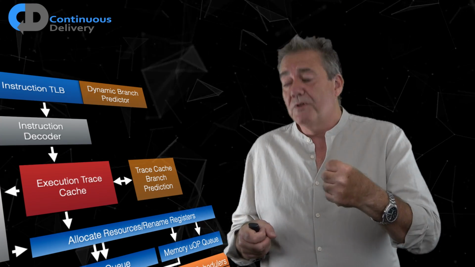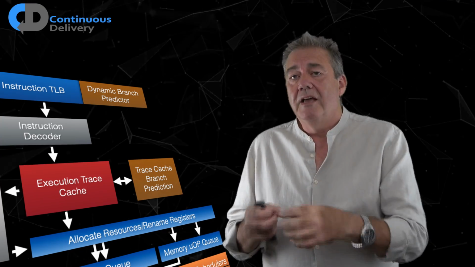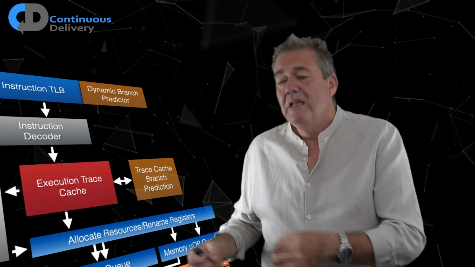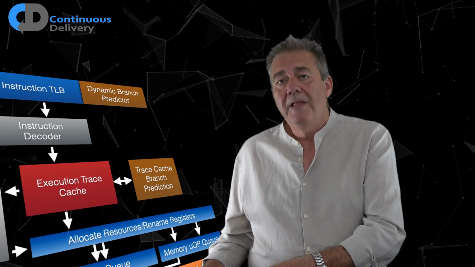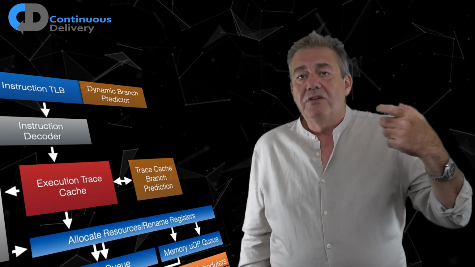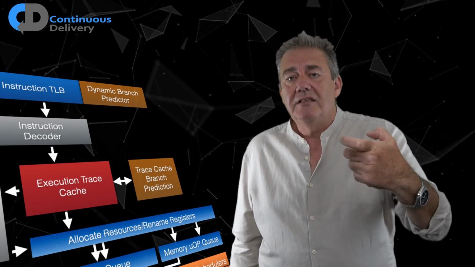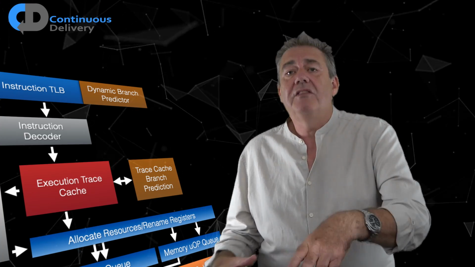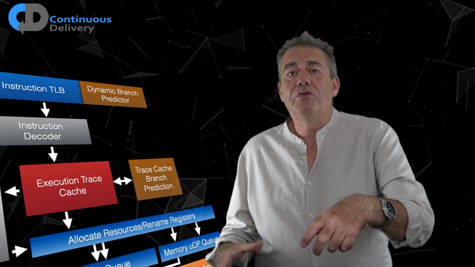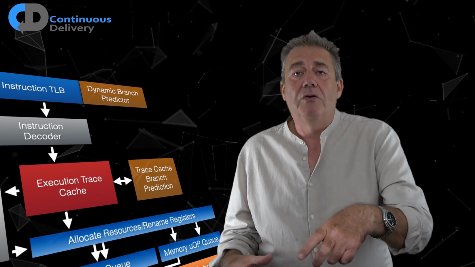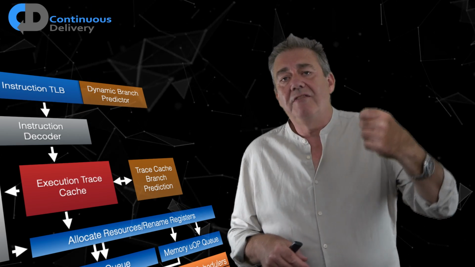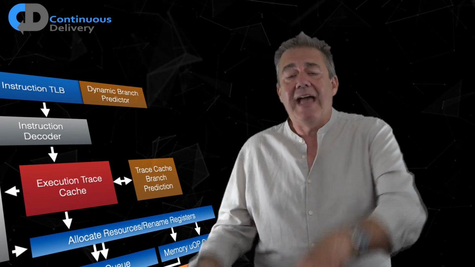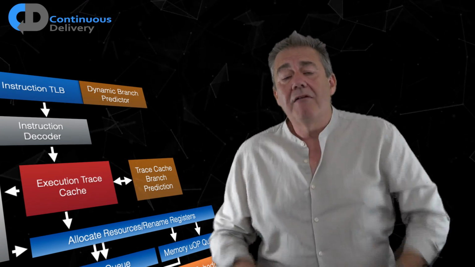It will spawn off a thread for the condition, a thread for if the condition is true, and a thread for if the condition is false. At the point at which the condition finishes evaluating, you can dump the thread of execution that was wrong and keep the results of the other one. So you've made progress in parallel. You've managed to evaluate the condition and the outcome in parallel.